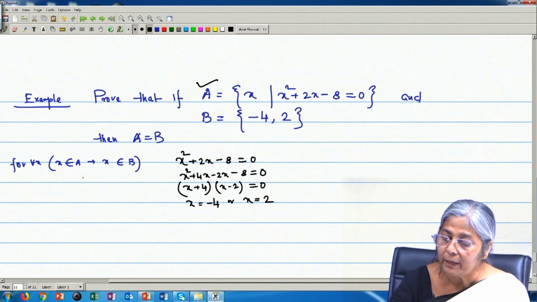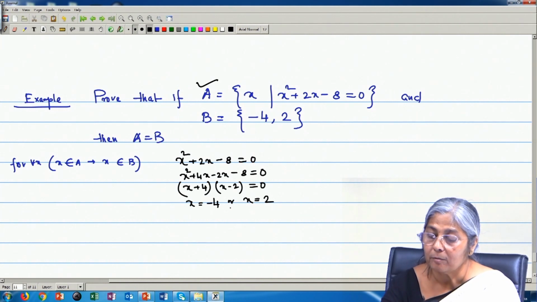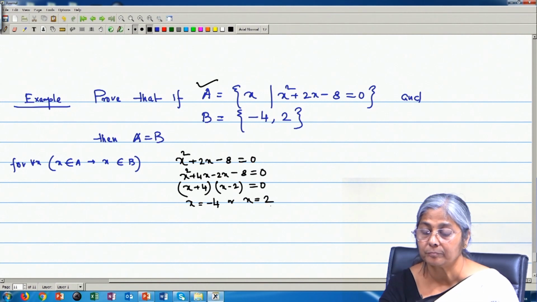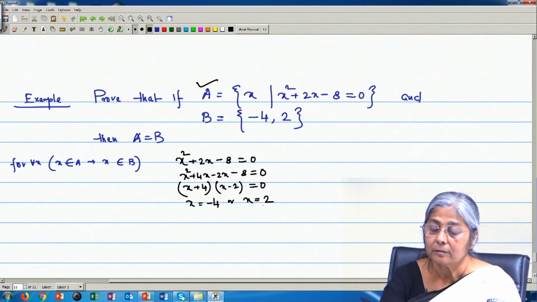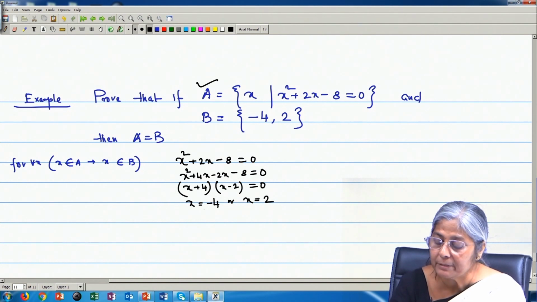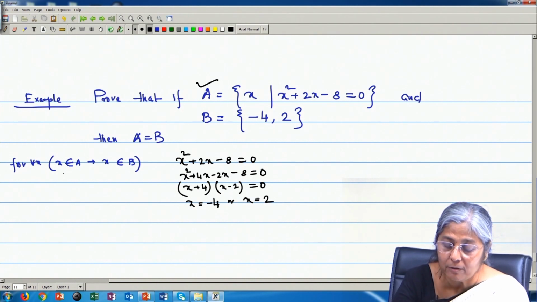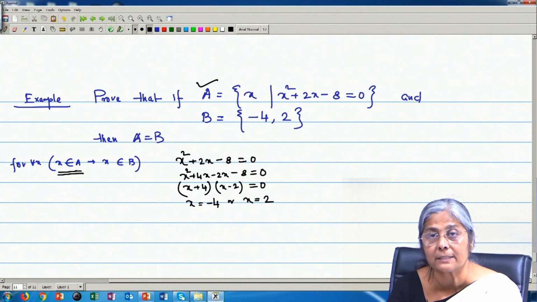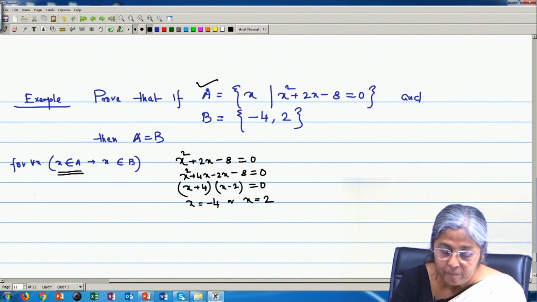So, if x belongs to A, that means x equals minus 4 or 2.